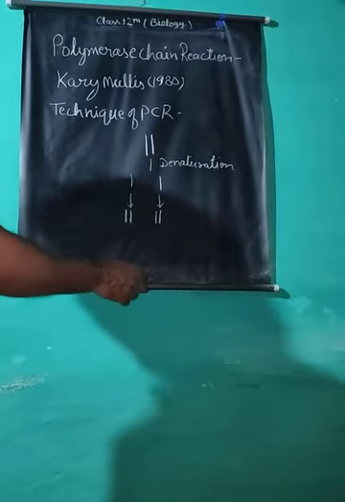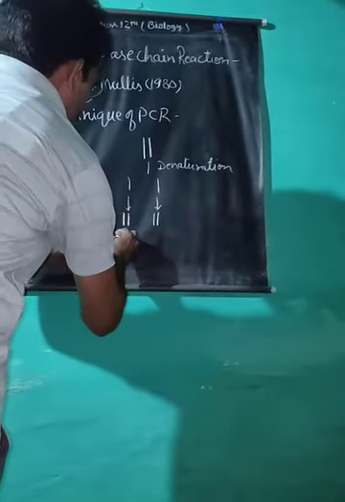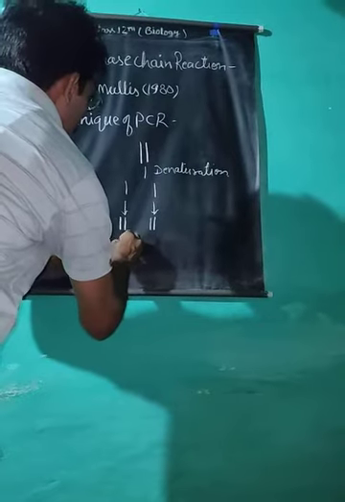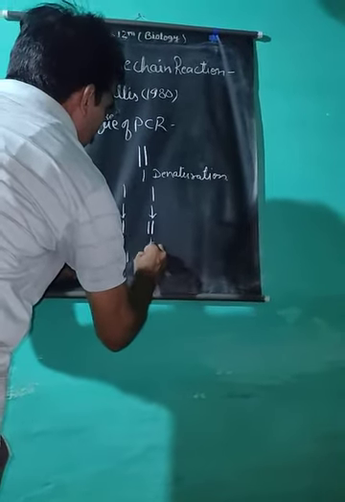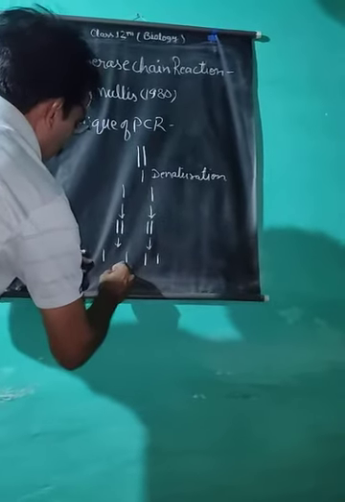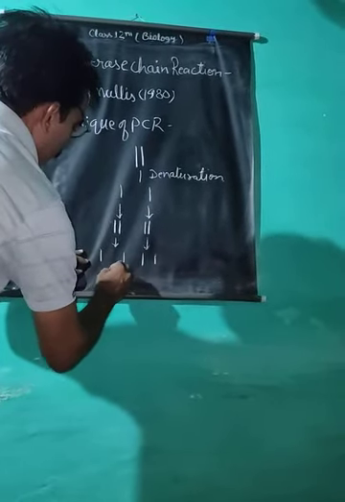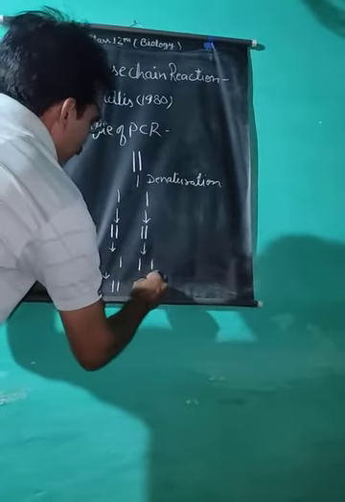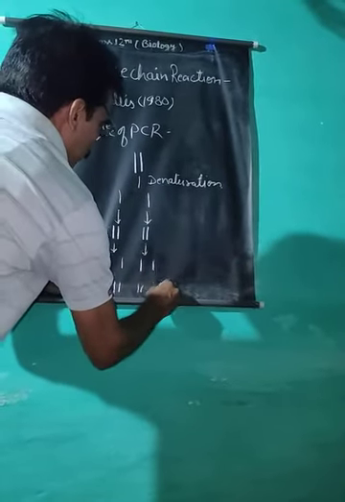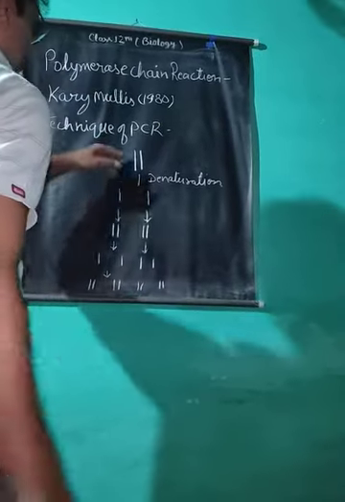They again separate and again form double-stranded structures. So from one DNA, four DNA molecules are formed.